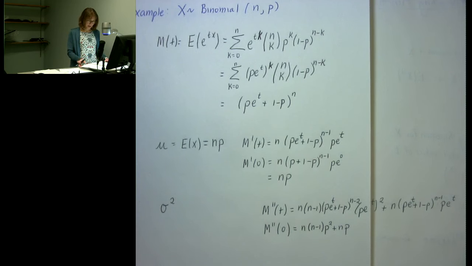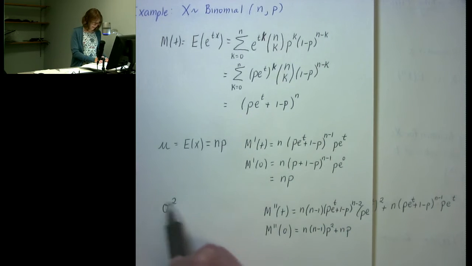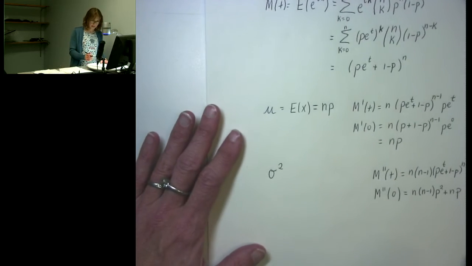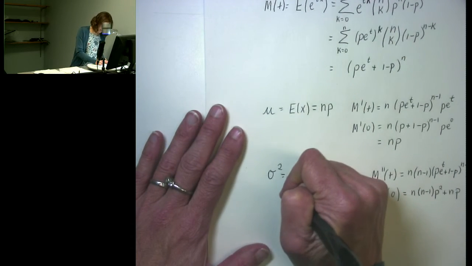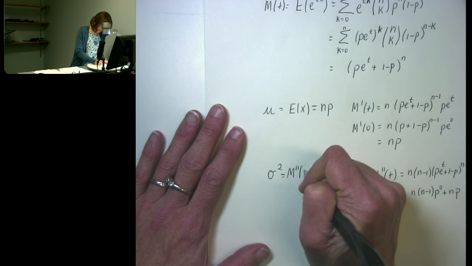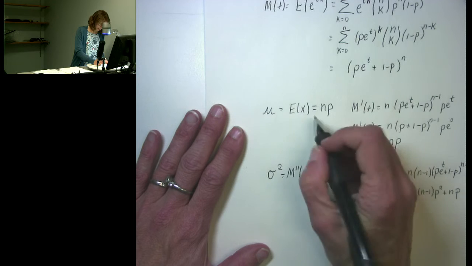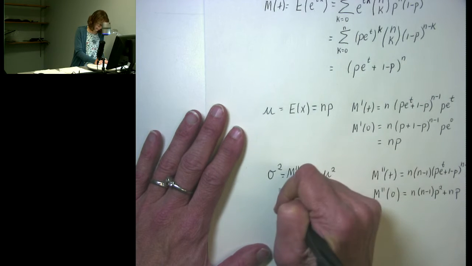Now, if I want to come back and find my variance, my variance is going to be this second derivative of the moment generating function evaluated at 0 that I just found, minus my mean squared.